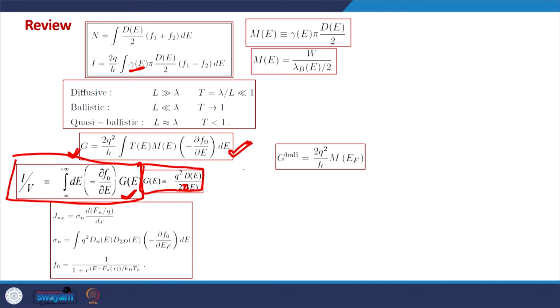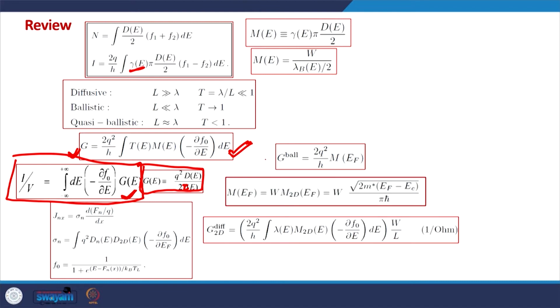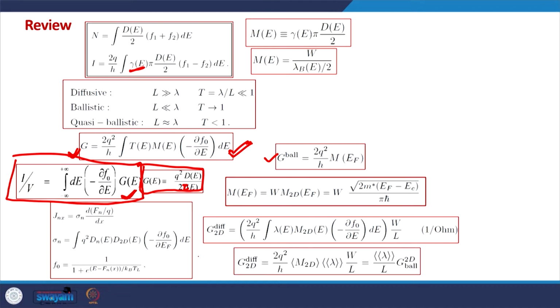Okay, so using this expression we could see that the ballistic conductance at 0 Kelvin, at very low temperatures, is given by this expression. And at room temperatures we need to calculate using this kind of expressions.